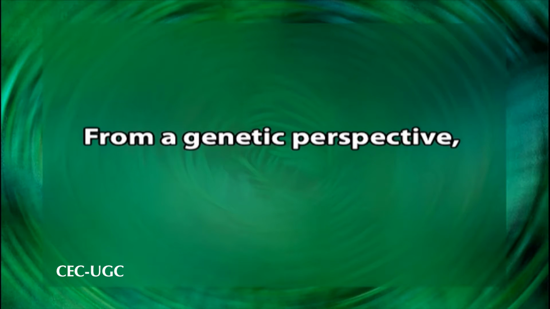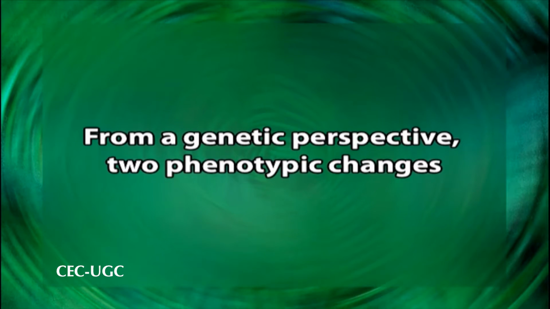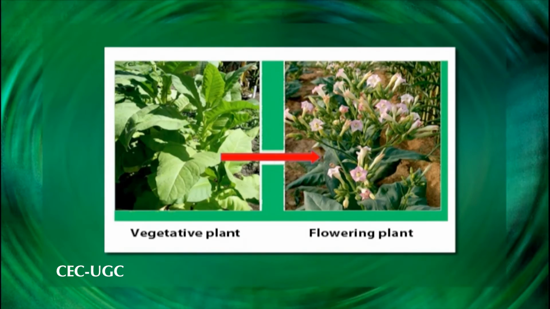From a genetic perspective, two phenotypic changes that control vegetative and floral growth are programmed in the plants. The first genetic change involves a switch from the vegetative to the floral state. If this genetic change is not functioning properly, then flowering will not occur.